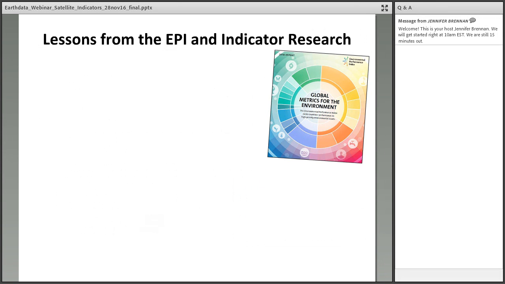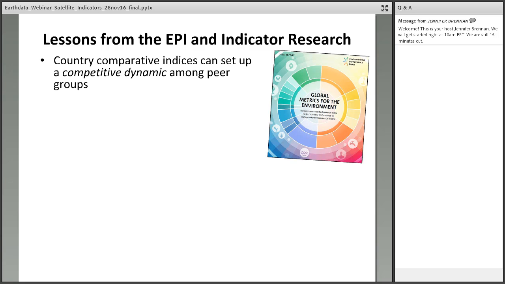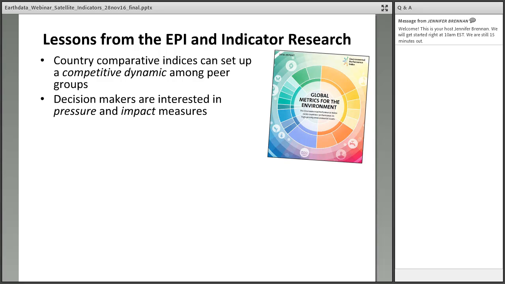Some of the things we've learned from the EPI are that country-level indicators and indices can help set up a competitive dynamic among peer groups. The Scandinavian countries typically compare themselves to their neighbors. In Asia, we found that many of the countries, such as Korea and Japan, Korea will naturally look to Japan as its rival and will seek to improve its performance relative to Japan in different areas.